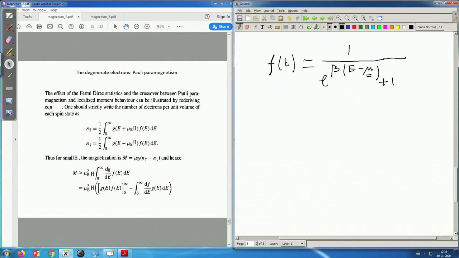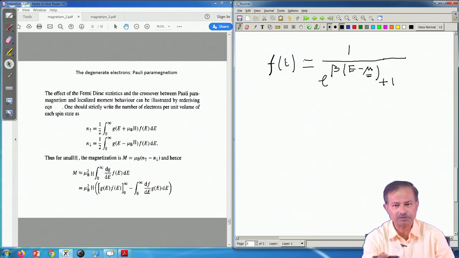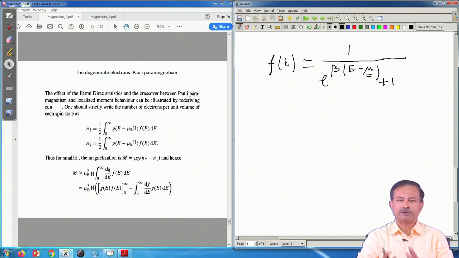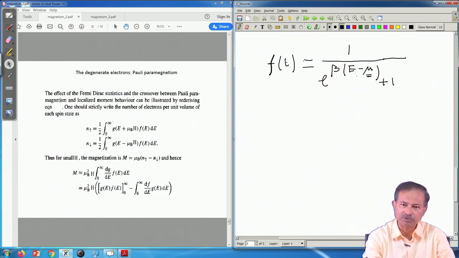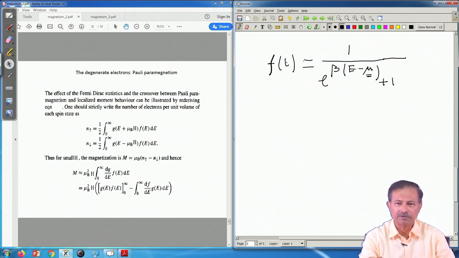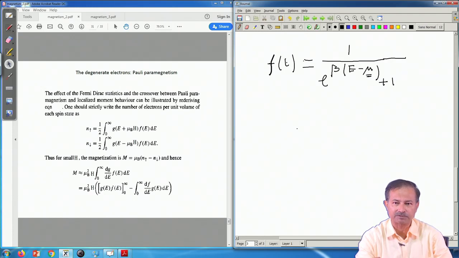Now, in this calculation we have assumed that for both n up and n down we are using the same Fermi function, but it is not completely kosher, in the sense that we also have to see that μ has not changed when you put the magnetic field on, which is what makes n up and n down different.